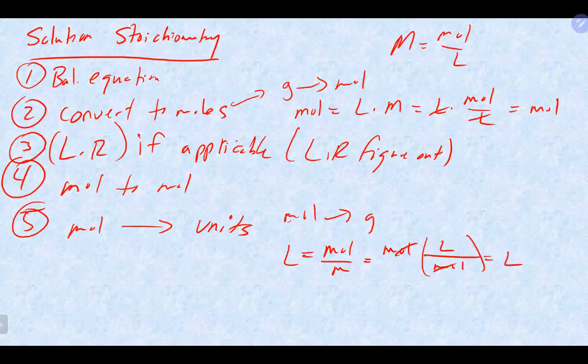The other common ending is to solve for the molarity, which is moles per liter. A lot of times you use the stoichiometry to get to the moles, and usually the problem gives you the volume, and you just plug it into the molarity equation at the end. So these are very common steps for solution stoichiometry.